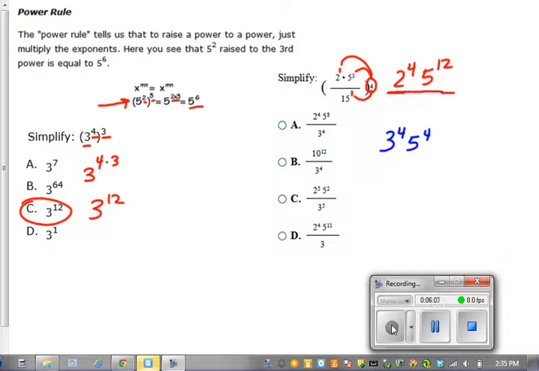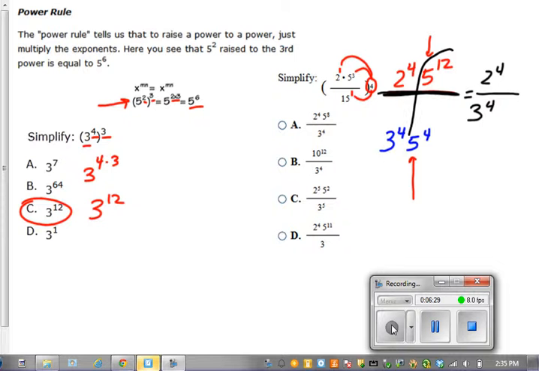Now when I look at this problem, I can go ahead and do my quotient of powers rule. So I look for the same base. Well, here's a base of 5. Here's a base of 5. What's happening? Well, I am dividing. So I'm going to go ahead and move my 2 to the 4th out because there's no same base. I'm going to move my 3 to the 4th out. There's no same base.